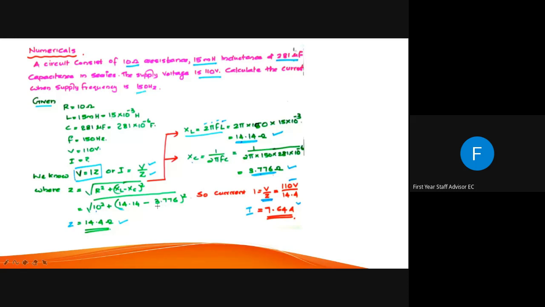Okay, so write down this problem. We'll do one problem. The problem and derivation are also very important. So numerical.